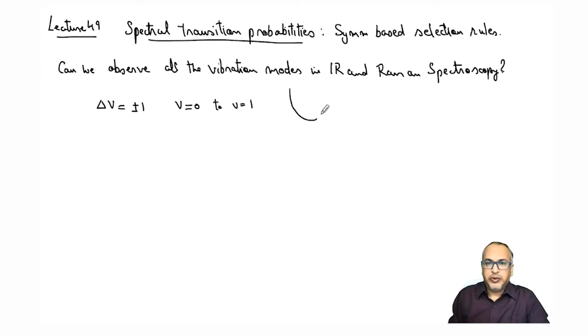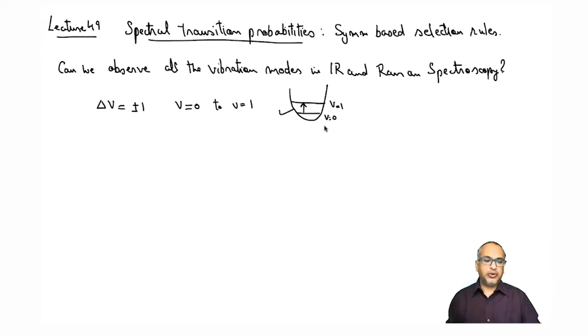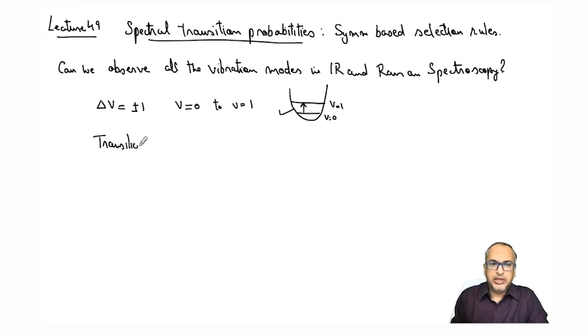So pictorially, you can see that if this is my simple harmonic potential surface and this is V equal to 0, V equal to 1, then this transition is allowed. So this is an allowed transition. Now, if I want to write the transition moment integral for this, we have already seen it, so I'm just repeating, but we will go into more details.